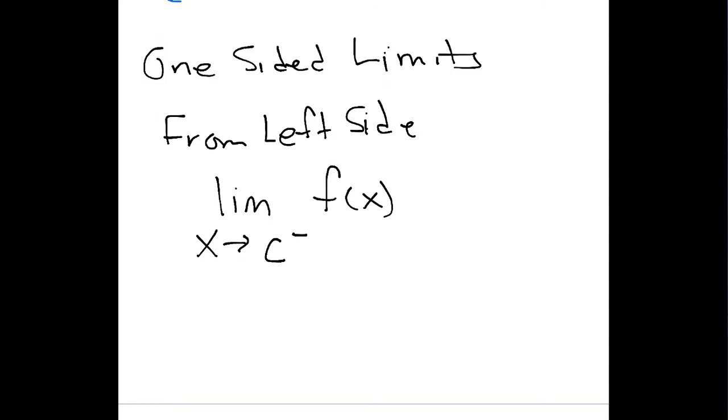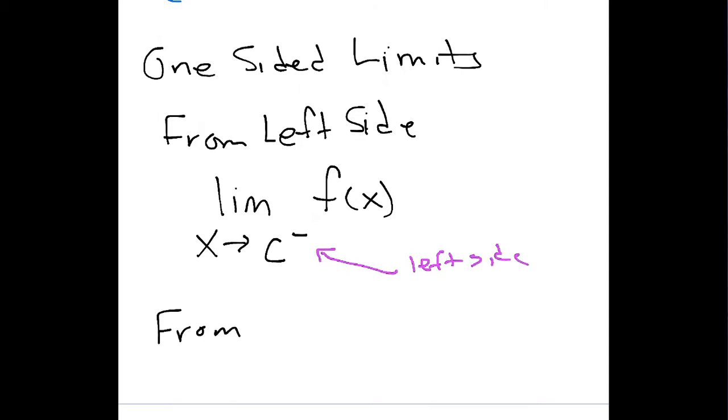Okay, that's the left side notation. That little negative kind of refers to from the left side. So let me put a little highlight on that here in pink. So this is signifying left side.